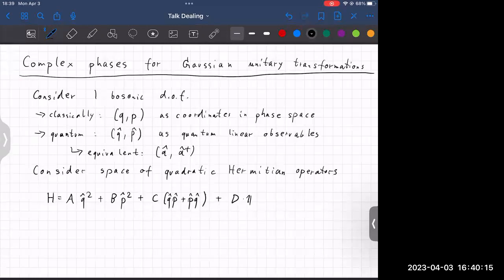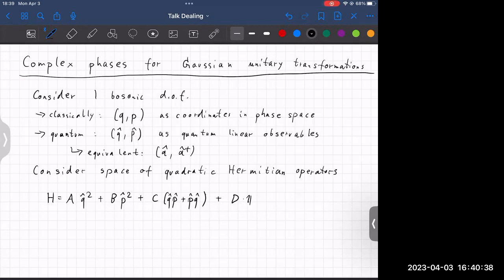That's just adding an additional identity. So we see that the space of quadratic operators that are Hermitian is three-dimensional. And in fact, we can describe this space as a Lie algebra.